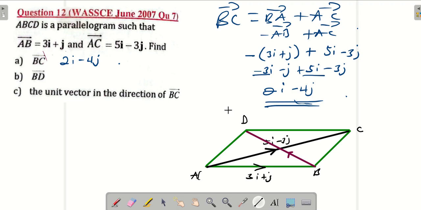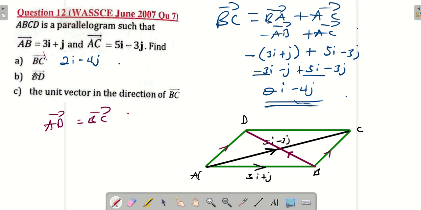If I want to move from B to D, I can move along BA, then I'll also move from A to D. Is that right? So here, we have to know that AD, so you see, if you don't draw it, you will not be able to identify it. We know that AD is parallel to what? And they have the same length. Therefore, vector AD is the same as vector what? BC. So AD is the same as BC.